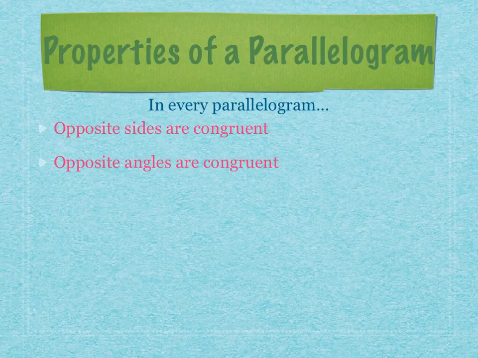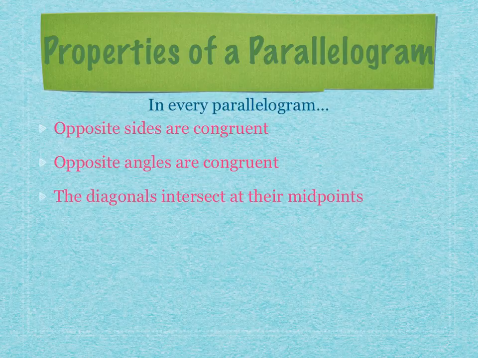Next one, we have that opposite angles are congruent. So the angles across the figure are going to be congruent. We're actually going to prove this one here in a second. Okay, so those opposite angles are going to be congruent. Next, we have that the diagonals intersect at their midpoints. So if I have diagonals that are intersecting at their midpoints, what's another way to phrase that?